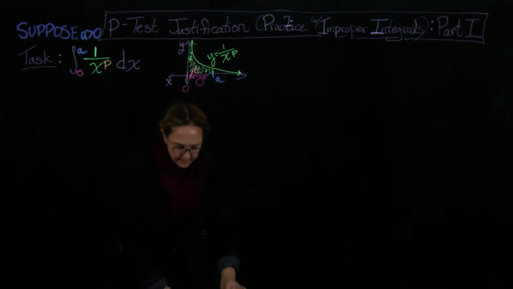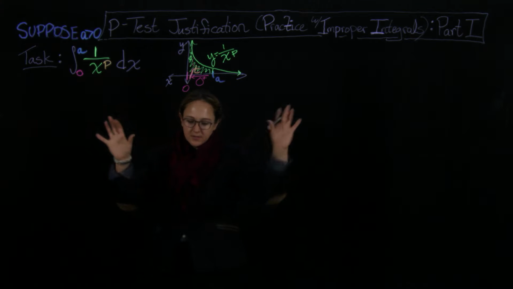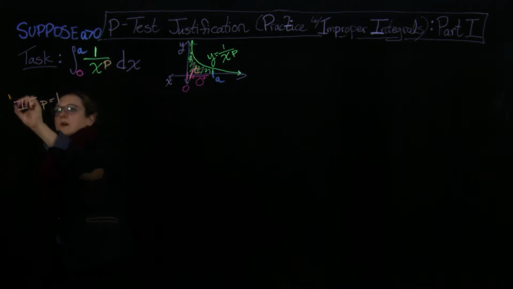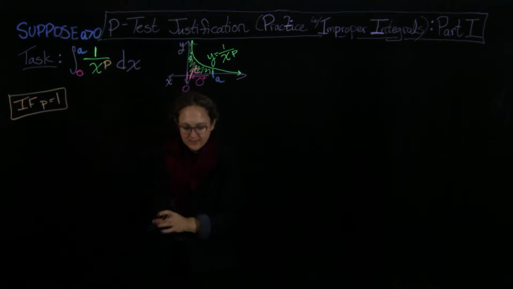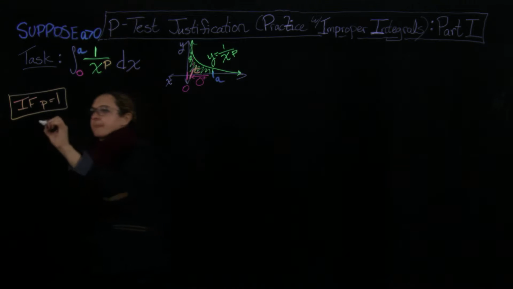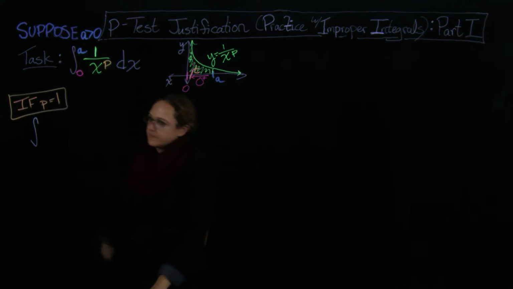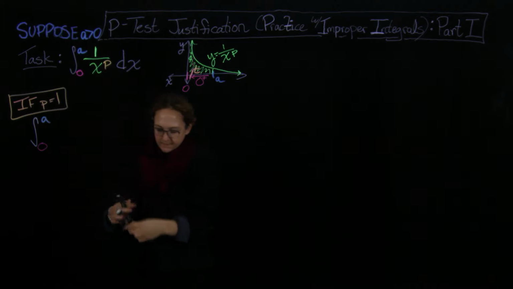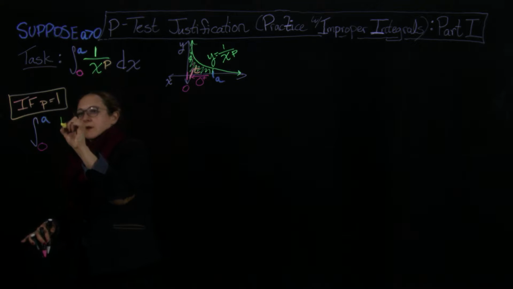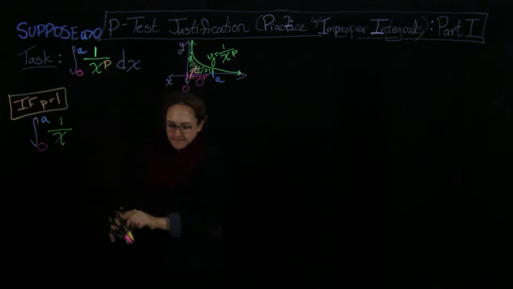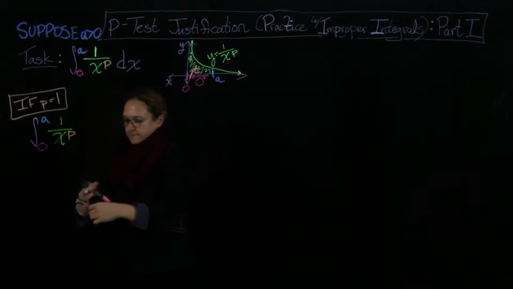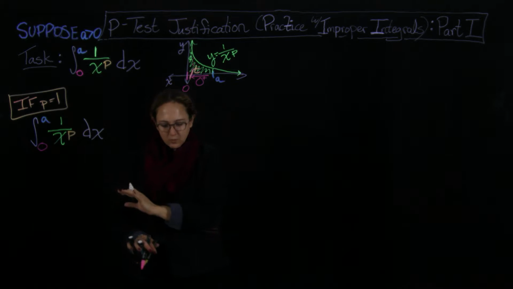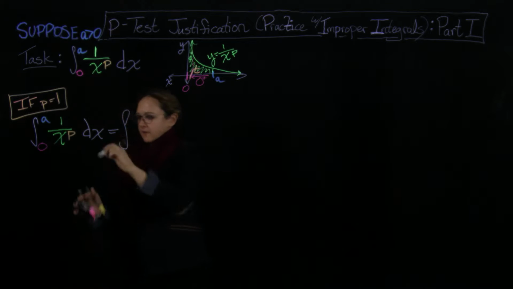So let's just get started. We're going to need to look at these circumstances differently. The first one is what happens if p equals 1. Then in this circumstance, we're going to have the integral from 0 to a of 1 over x to the p, dx.